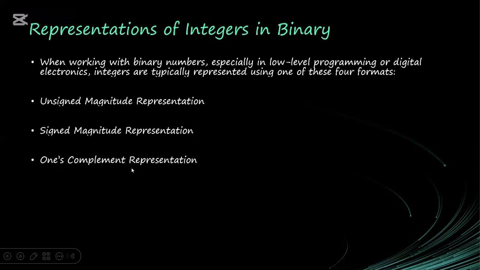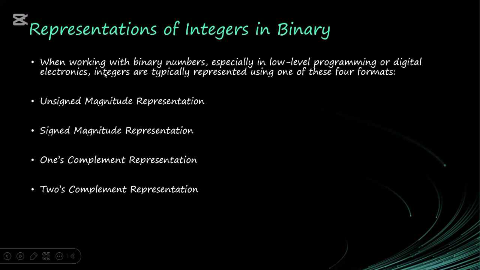We also have one's complement representation and two's complement representation. These, one's complement and two's complement, have to do with working with signed integers. They don't have anything to do with unsigned integers. As we go on, you're going to see why we have the one's complement: we want to get the negative value of a positive number.